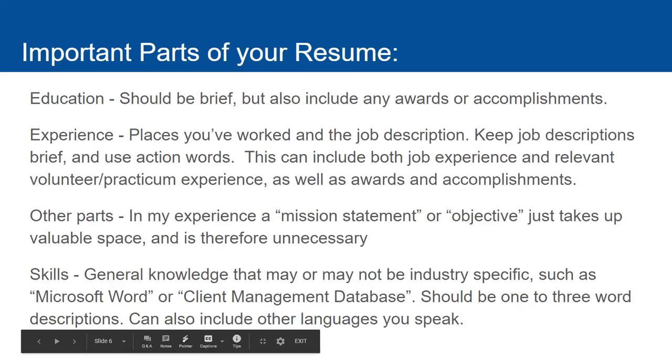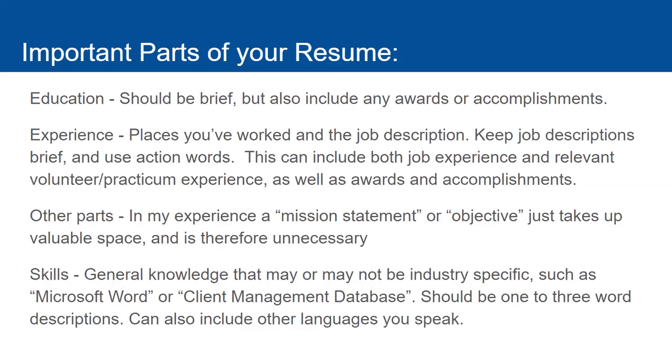Okay, your skills section is just general knowledge that may or may not be industry specific, such as Microsoft Word or client management database. It should be 1 to 3 word descriptions. So it's literally just a list of skills.